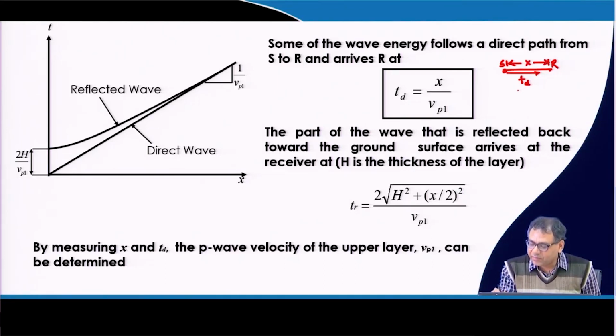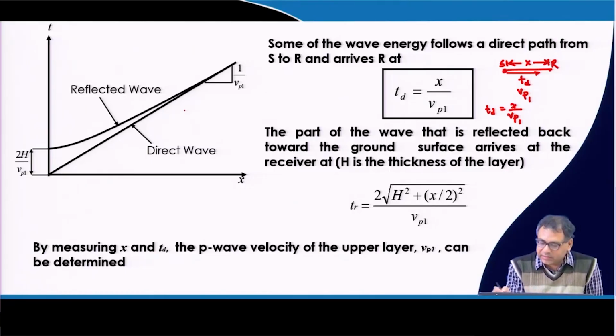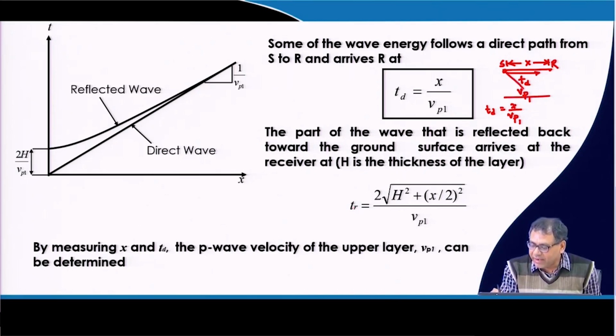If the velocity of the first layer is V p 1, then the T d will be x divided by V p 1. Okay. So, this is the expression of the T d, and the T r, which is the reflected wave.